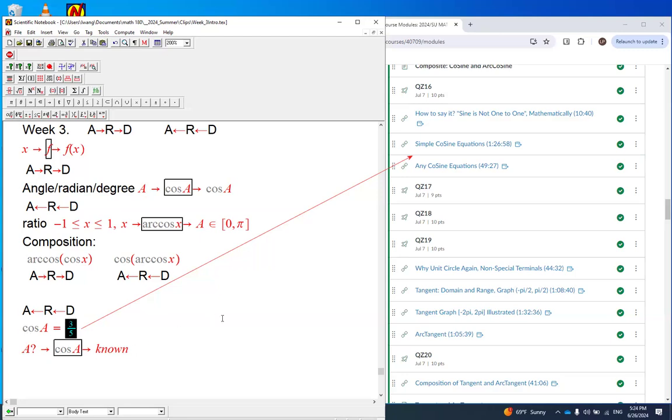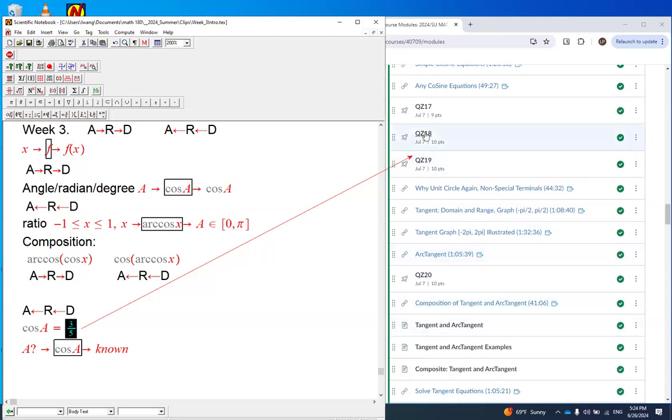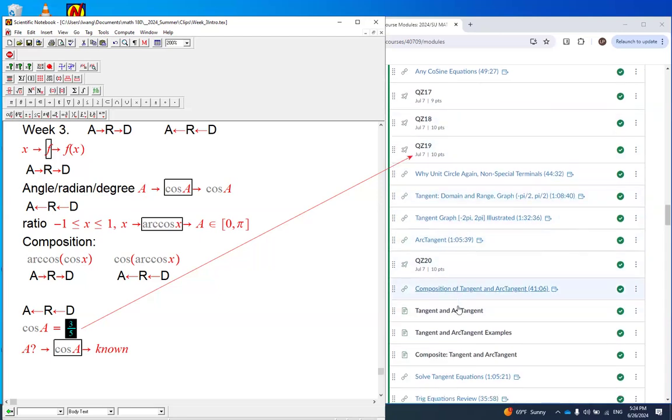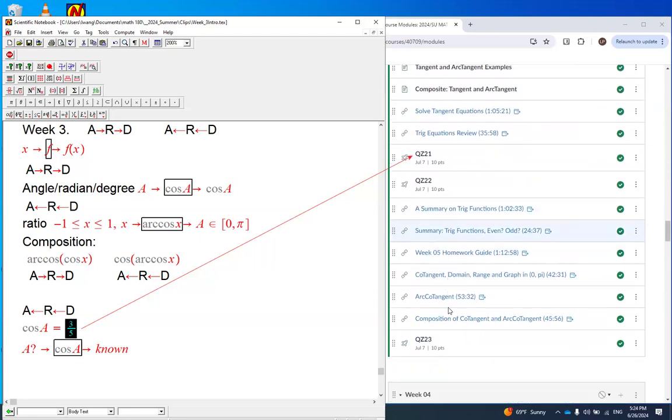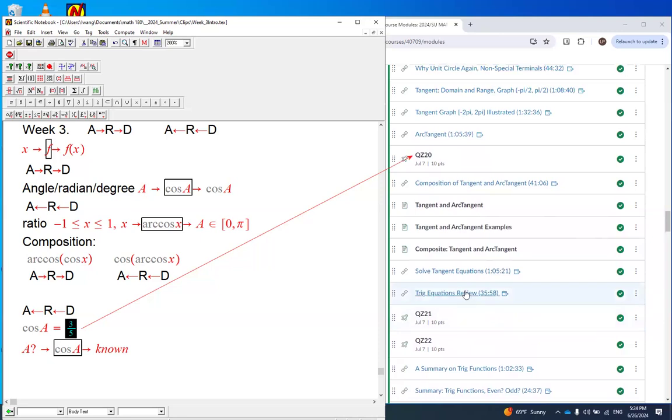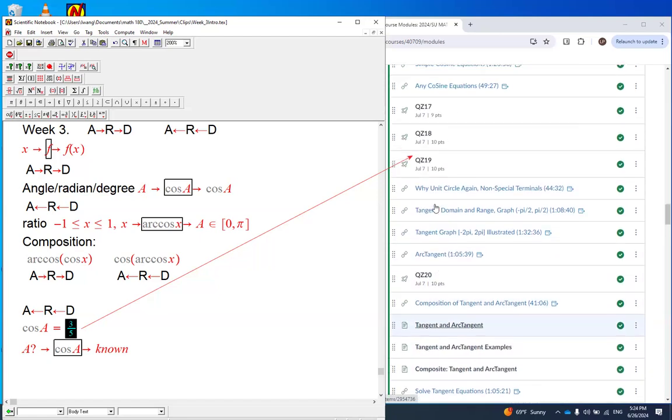After this, we repeat this process for tangent. You can see for tangent, we repeat this process, and tangent has its own specific properties. Then cotangent and arc cotangent. So for tangent and arc tangent, from here, we repeat that theme with tangent.